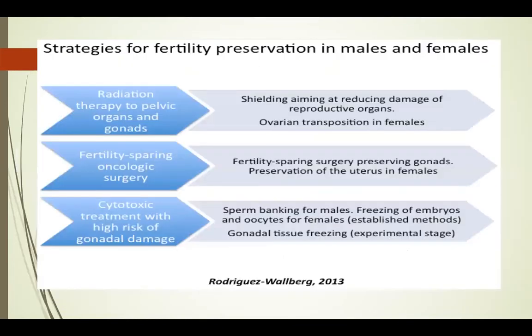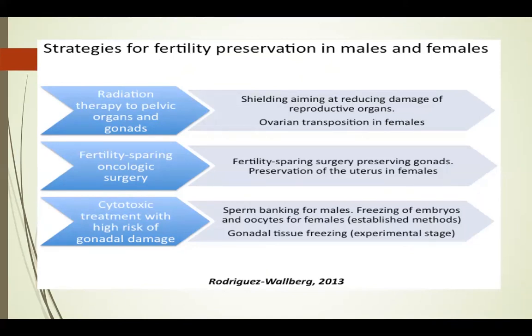What are the options? Strategies for fertility preservation in both males and females. For radiation therapy to pelvic organs or gonads, we use shielding to reduce the damage. Ovarian transposition in females is a very simple option. It's a day surgery option, and it can be very safe and protective.